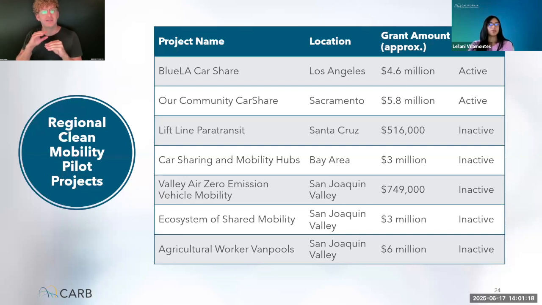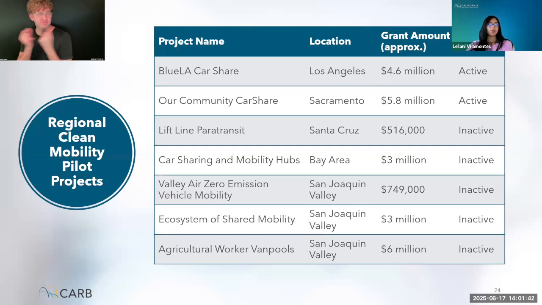Car sharing and CARB's regional clean mobility pilot projects had a positive impact on people's daily lives and their well-being. CARB asked that the regional pilots improve priority populations' access to goods and services, such as grocery shopping, medical appointments, and other important errands or social visits. This was found to be true by a UC Berkeley study of Sacramento's Our Community Car Share.